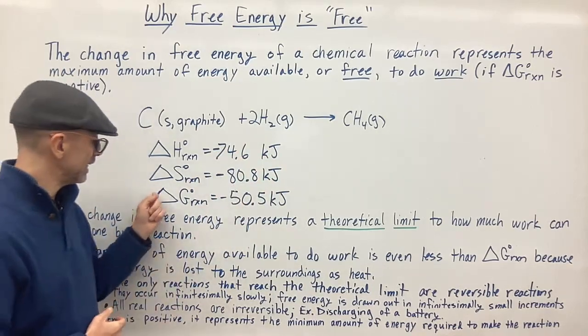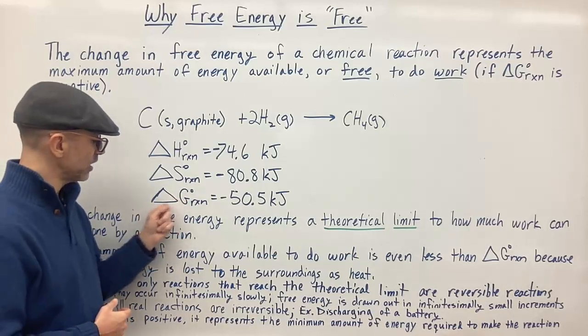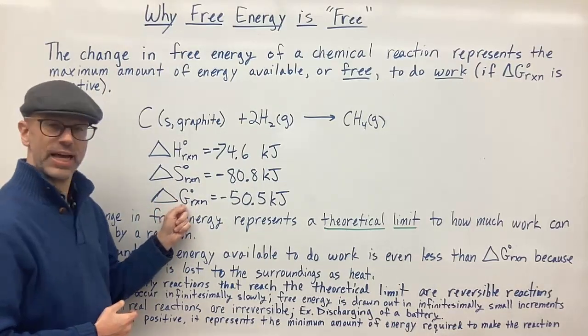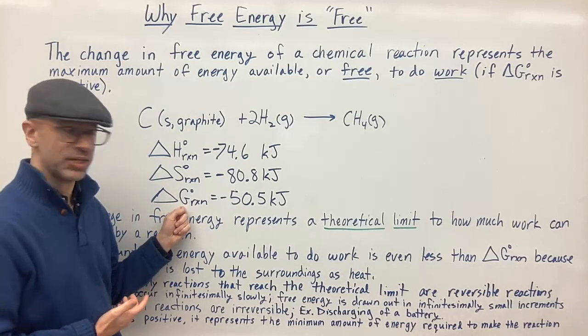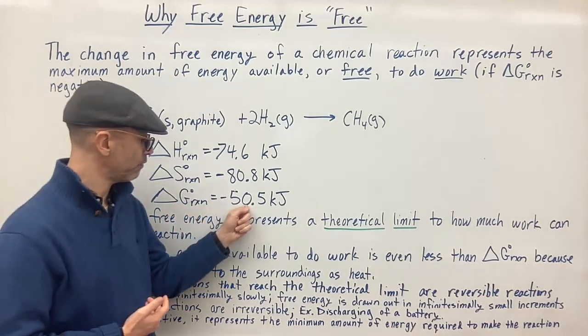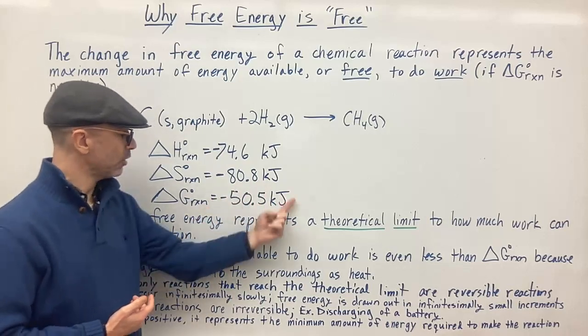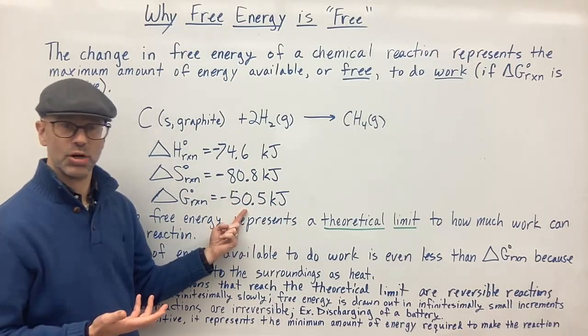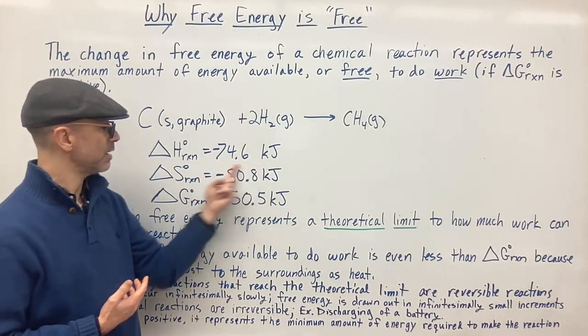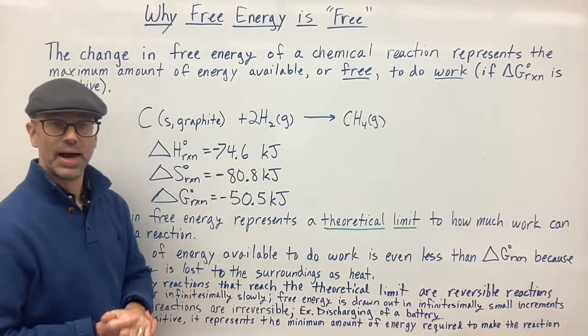And so you'll see here that the delta G, the change in the standard free energy of the reaction, is negative 50.5 kilojoules. So notice that the amount of energy that's available to do work is less than the amount of energy released by the reaction.